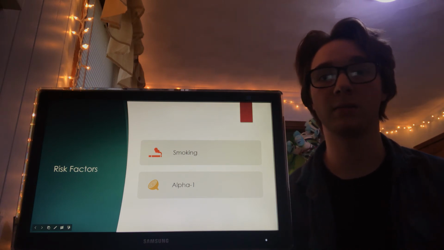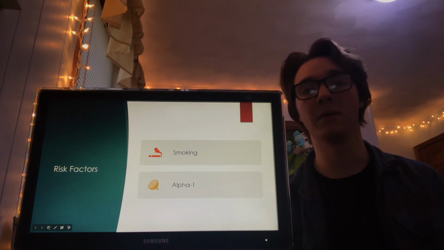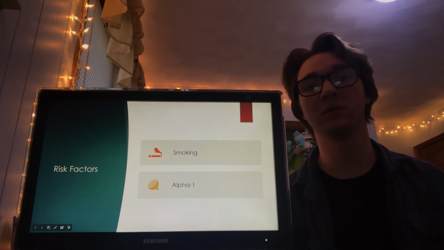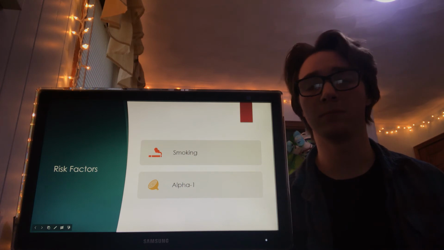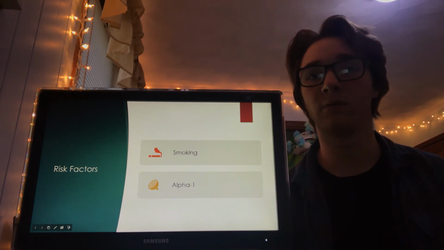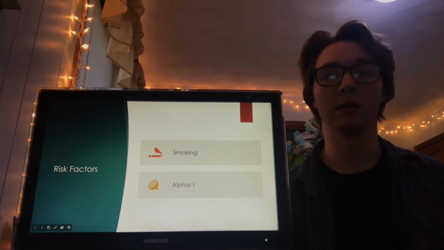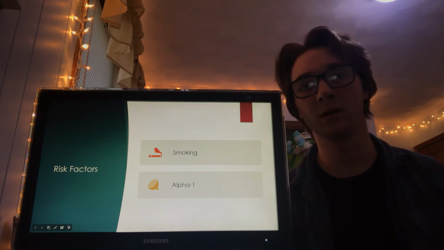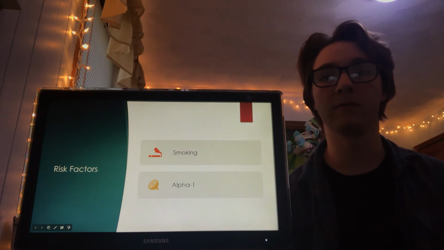And again, this is a genetic disorder that is passed down from an abnormal gene from both parents. This alpha 1 deficiency is not as common as smoking, and around 100,000 Americans have this deficiency.